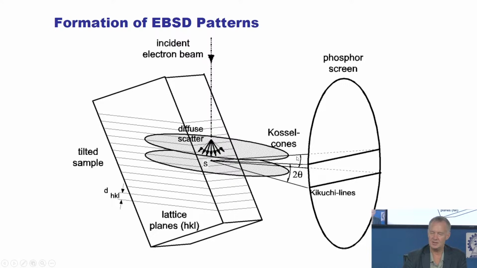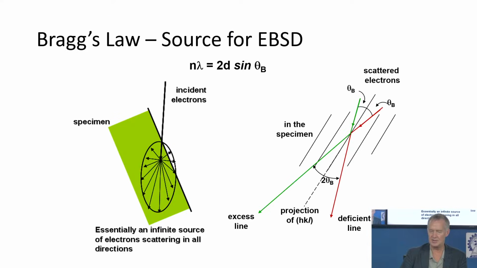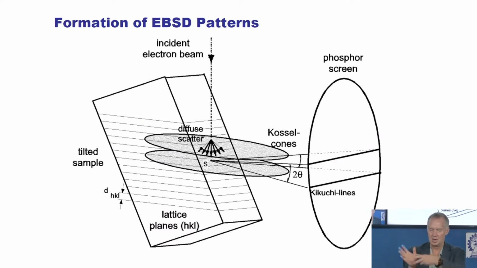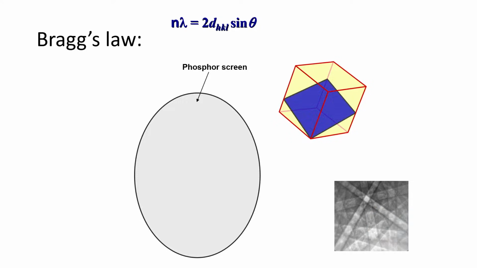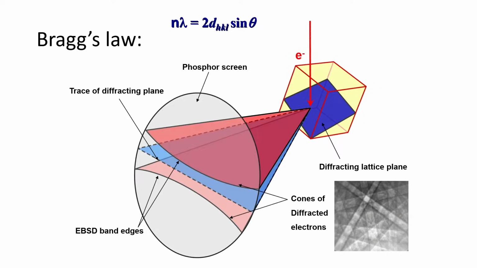So they come in, they're bouncing out all different directions, right? Not just in a plane like was shown on this one. It's not just the plane, it's all different directions coming out at the same angle. So if we have diffraction, beam comes in, diffracts, this blue line is the geometric projection of the diffracting plane. This is the excess and deficient lines.